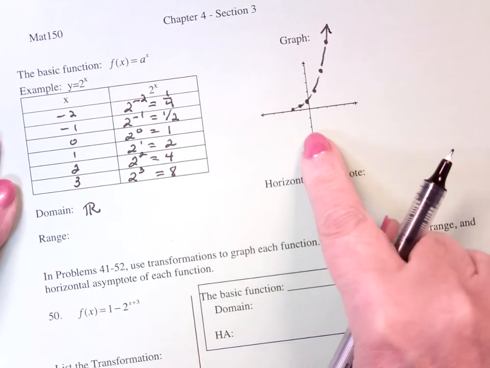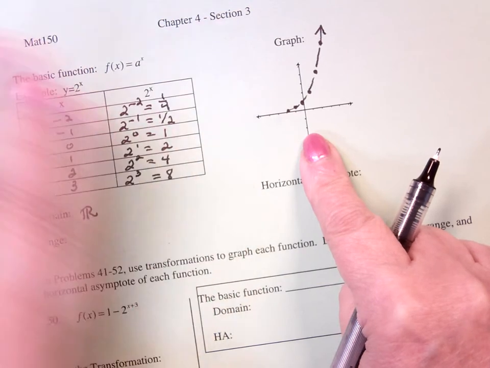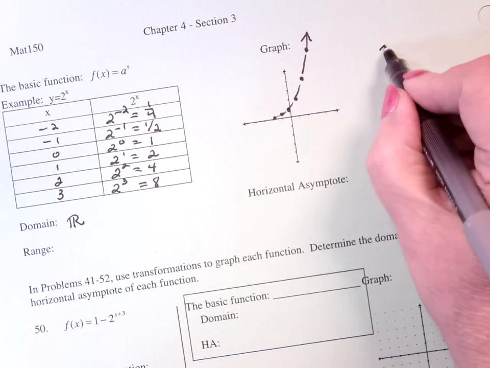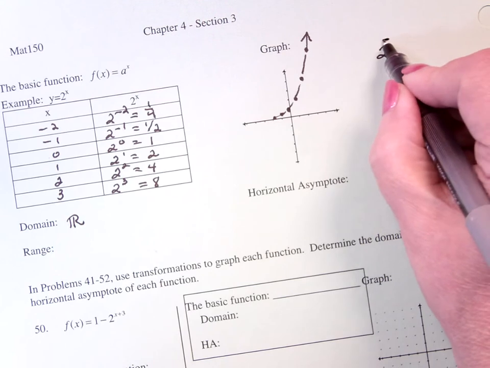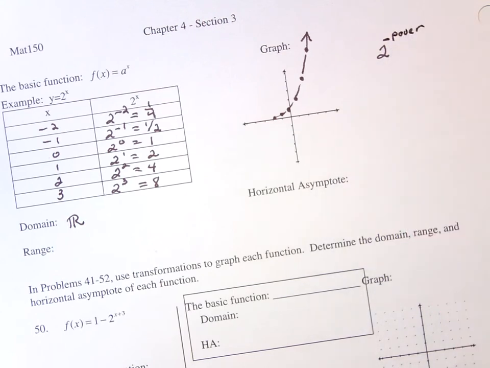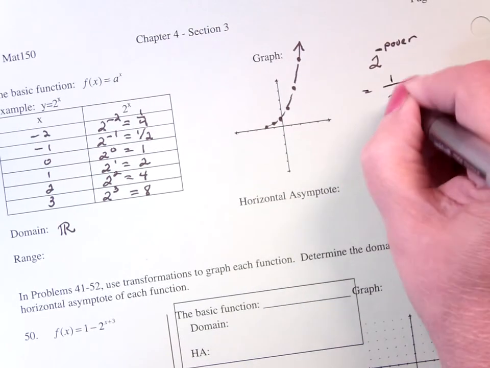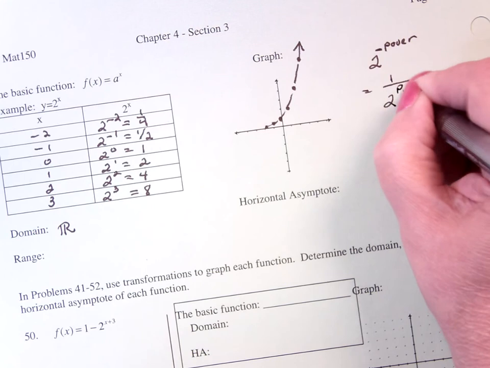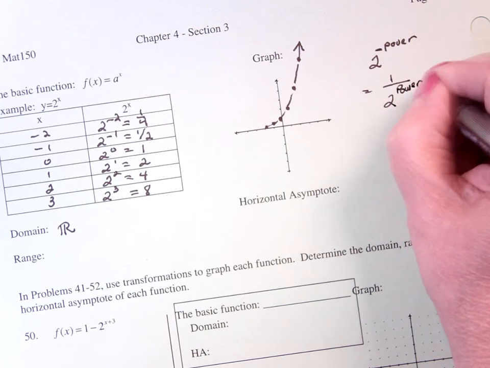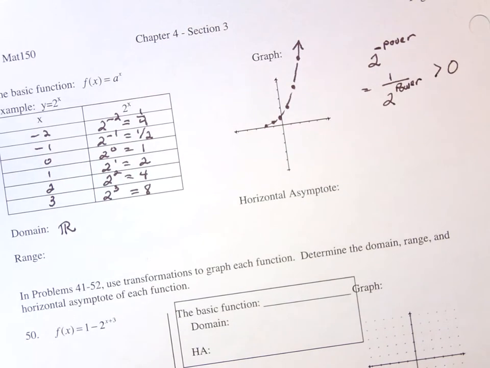Now, what happens is this. No matter what I put in as an exponent, if I had 2 to any negative power, this is 1 over 2 to the positive power, and it's a positive number. 2 to any power is going to be a positive number.